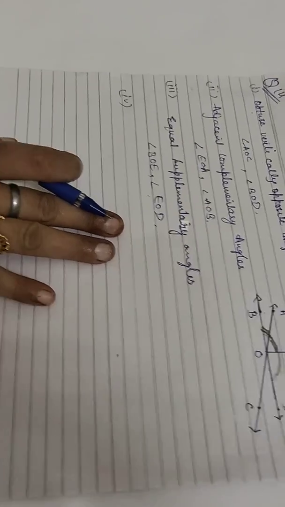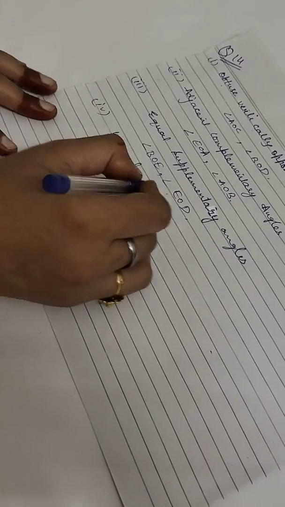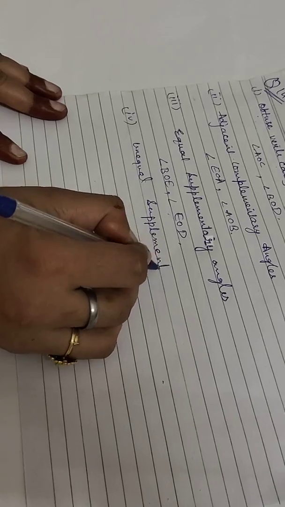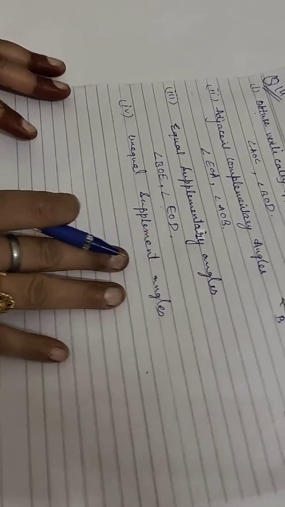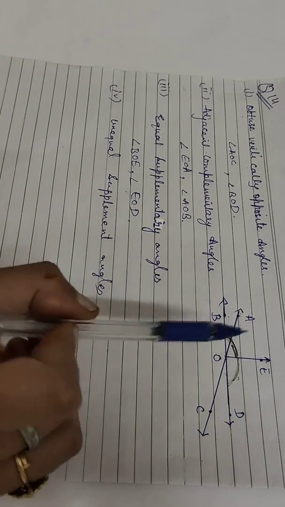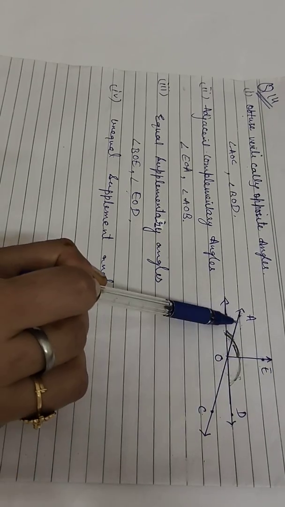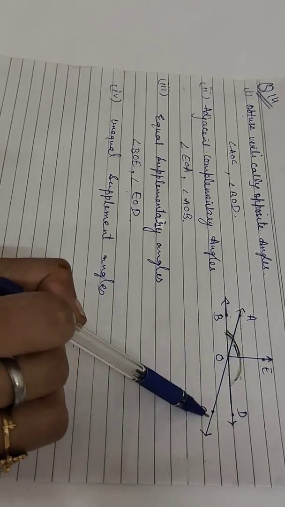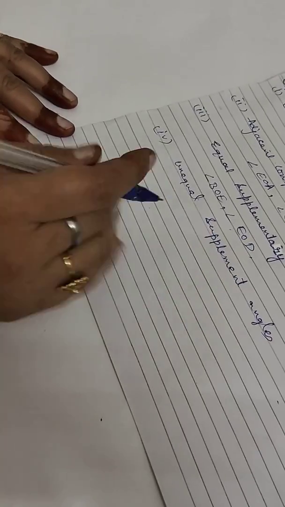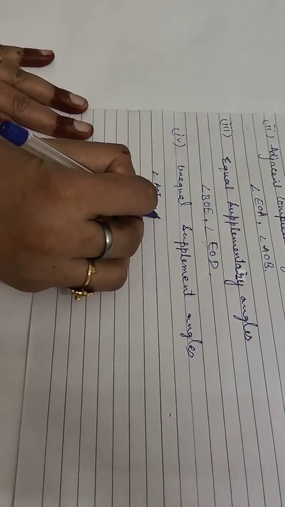Okay. Now the fourth part is unequal supplementary angles. Earlier we did supplementary but equal. Now we have to do unequal. For unequal, you can find many pairs like angle AOE and angle EOC, because this is the straight line. AOE and EOC, they both are unequal supplementary angles. So we can write here angle AOE, angle EOC.